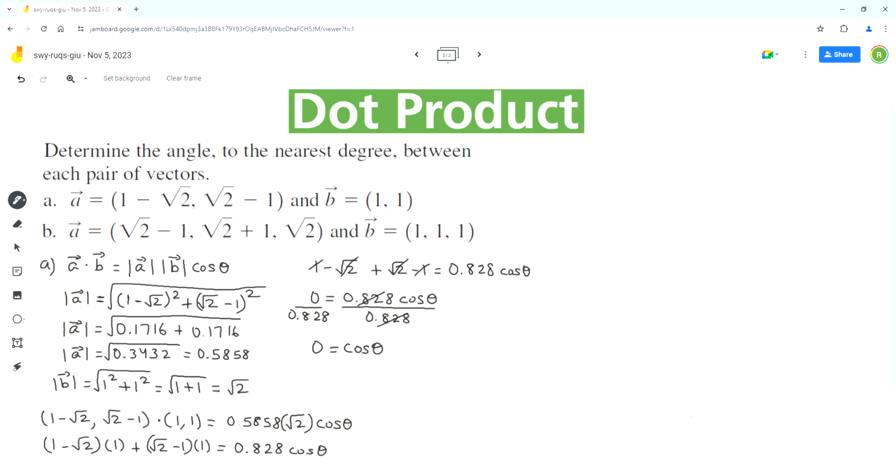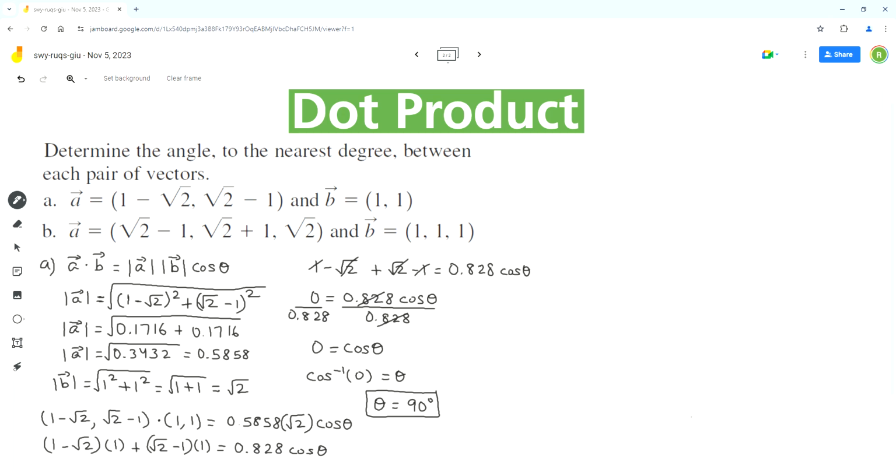Now we can do the inverse of cos, and inverse of cos for 0 is equal to 90 degrees. So this should be the final answer for part A. The angle between vectors A and B in part A is 90 degrees.